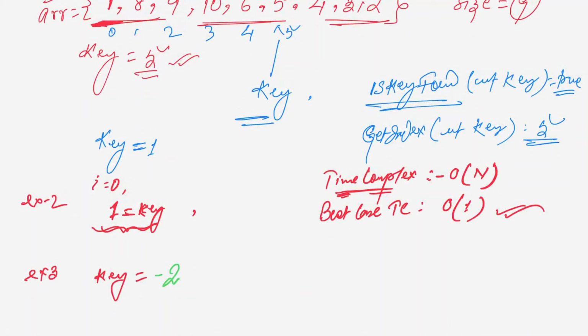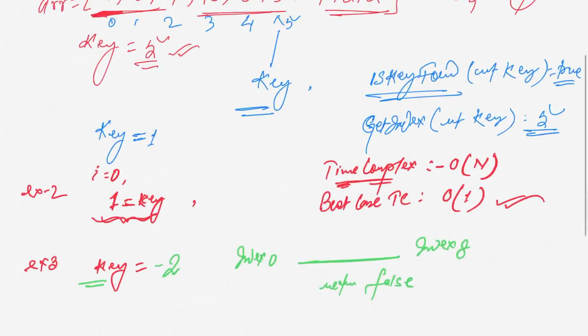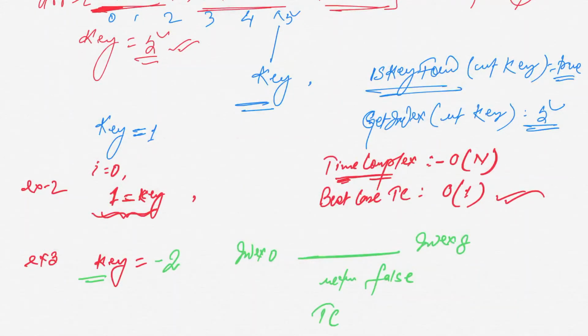We compare index 0 to index 8, and if we don't find any element matching the key, we return false. And if you analyze the time complexity in the worst case, if the key is not present, we need to iterate big O of n times just to find out that the element is not present.